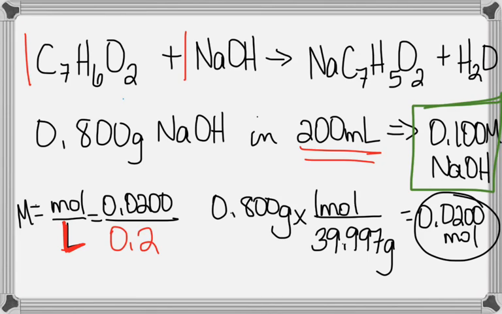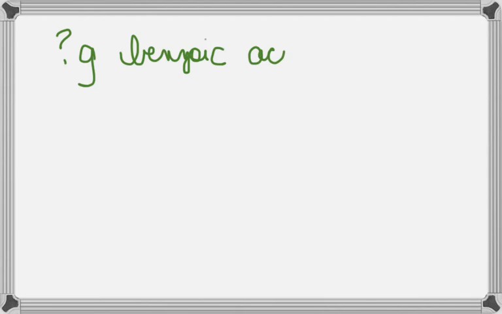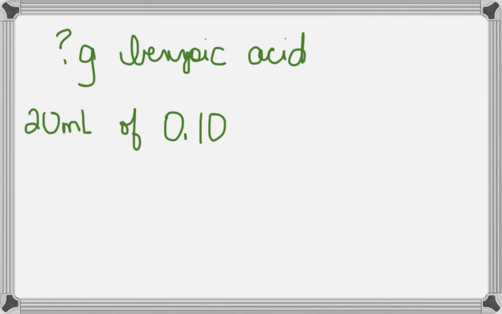Now the question says, in problem 4, calculate the mass of benzoic acid. So how many grams of benzoic acid are needed to react with 20 milliliters of 0.10 molar sodium hydroxide?